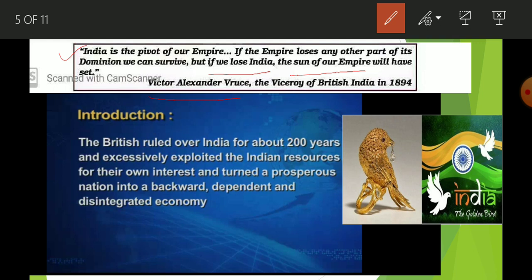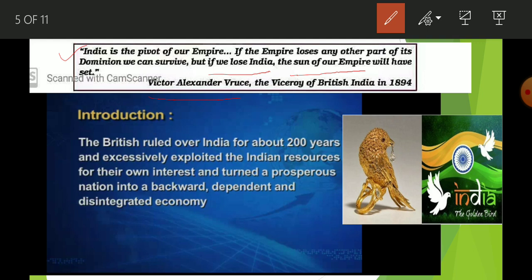India is known as the land of the golden sparrow. First this name was given by the Romans. So why was India called the golden bird till the 18th century?